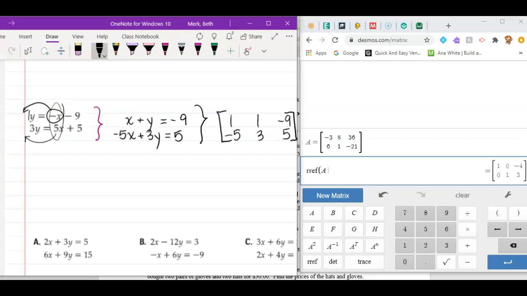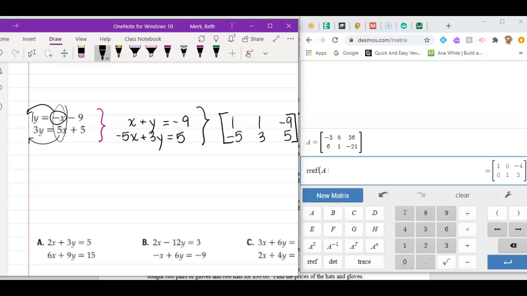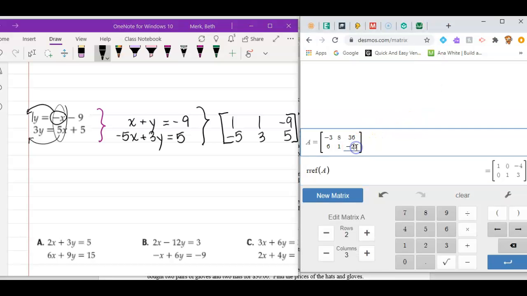And running this through the matrix calculator, again, I can actually just go right up to the one I had already typed because it has the same dimensions and just change what's written. 1, 1, -9, -5, 3, 5. And you can see the answers just show up right down here.